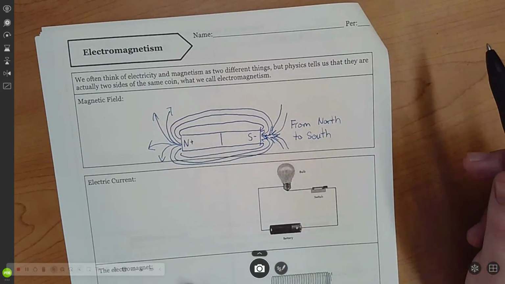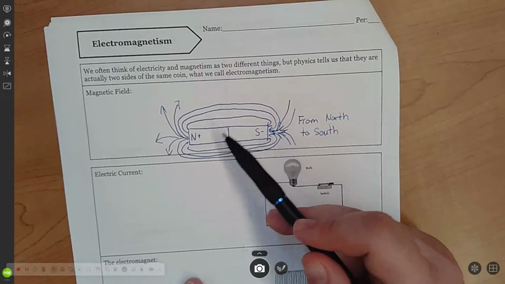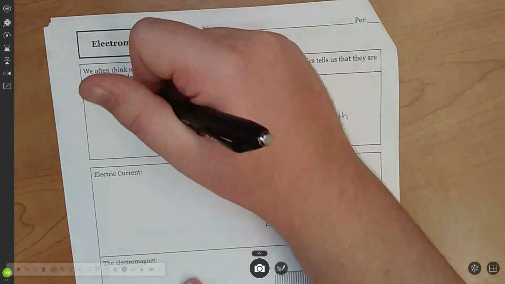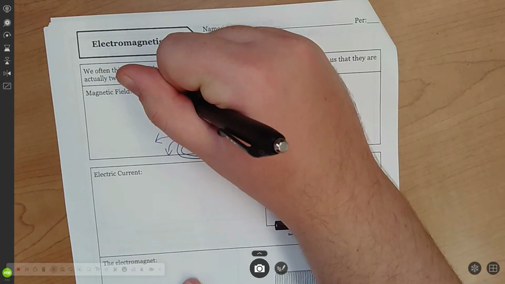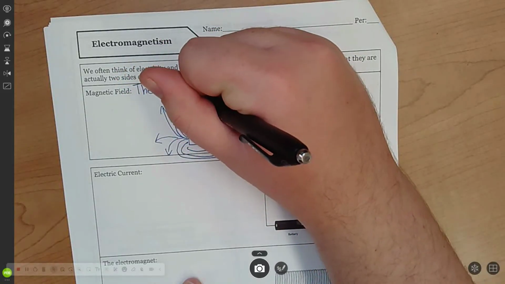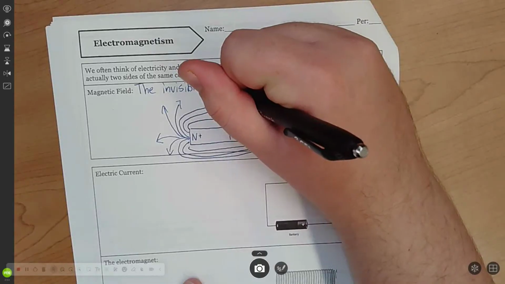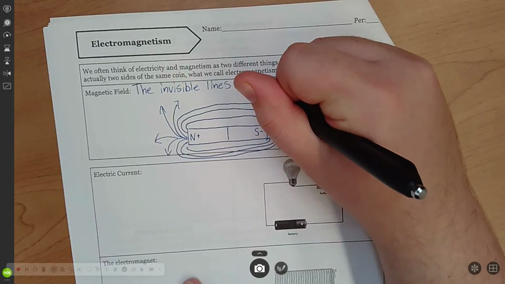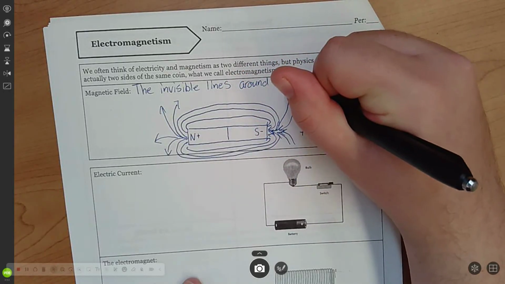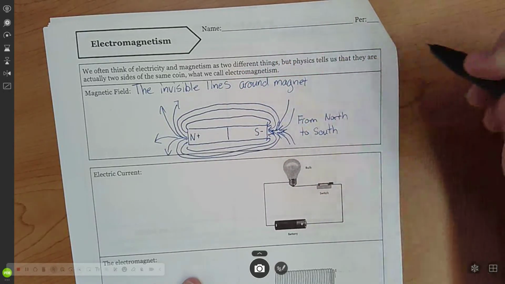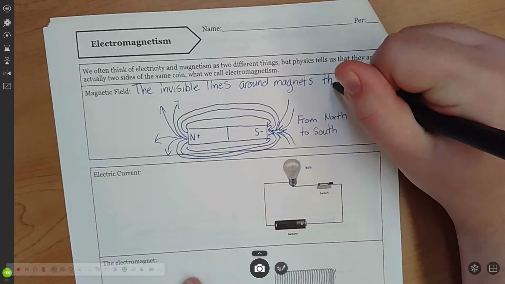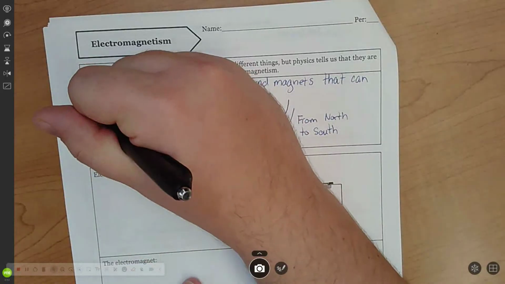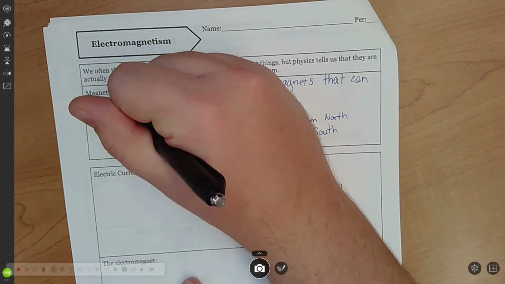All right, so these are the lines around our magnet that make up the magnetic field. And so for our definition here, these lines are not visible to us when we look at a magnet. Even though they're always there, these are invisible. So we're going to say that these are the invisible lines around magnets that can push or pull.